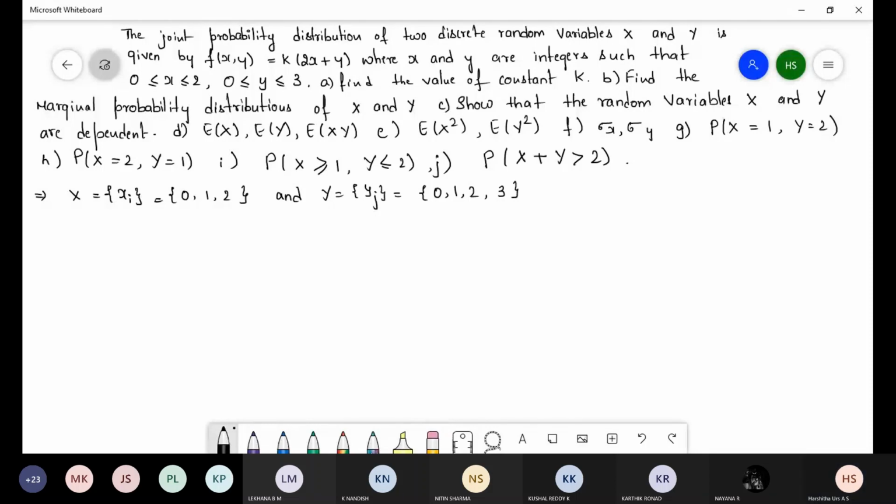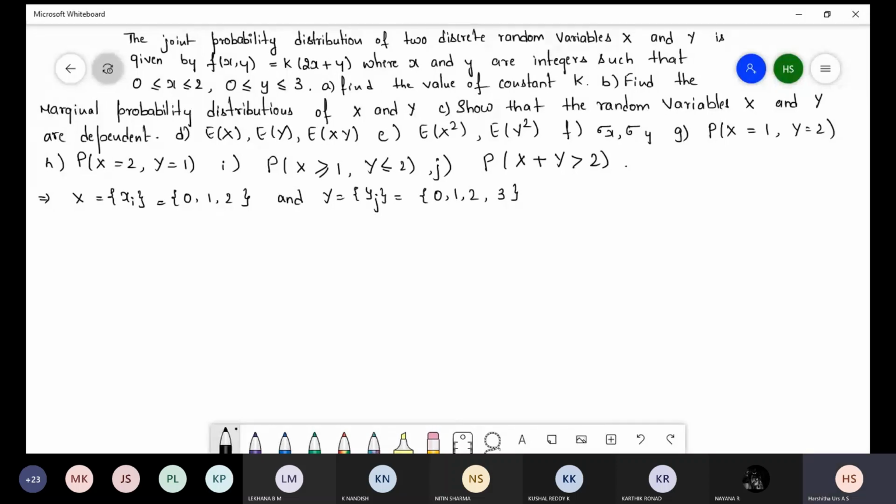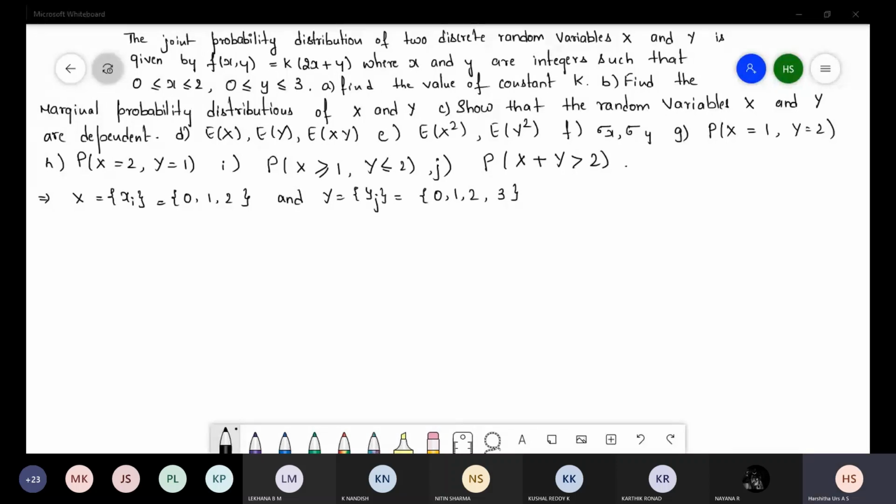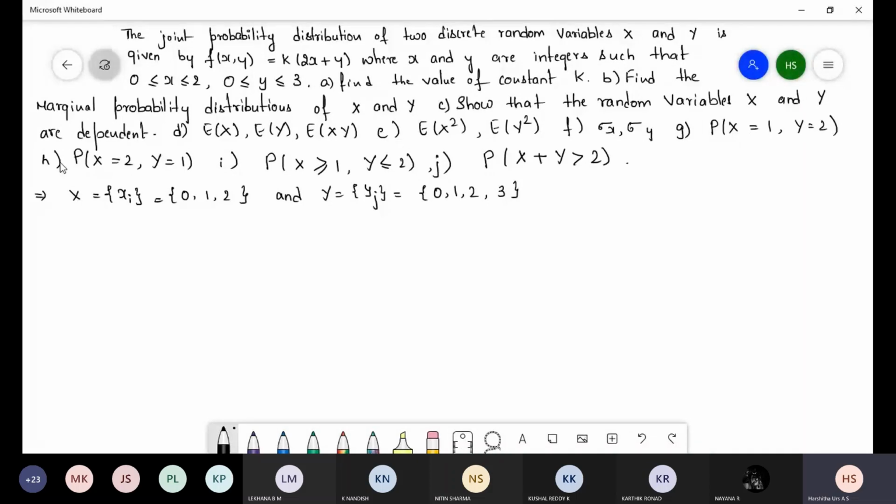Next, after this, write the condition f of x comma y is equal to k into 2x plus y. So here we write the joint probability distribution table.